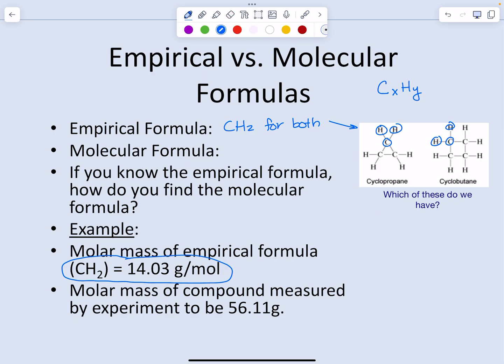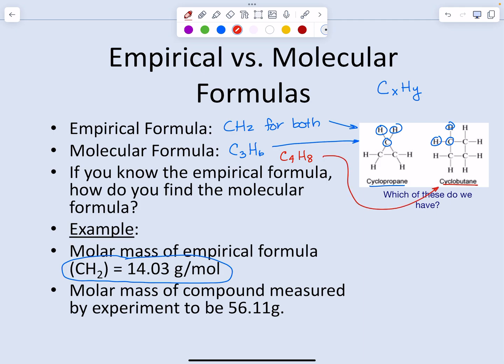Now the molecular formula for each is different, right? The molecular formula for cyclopropane is C3H6, and for cyclobutane, we've got 4 carbons and 8 hydrogens.